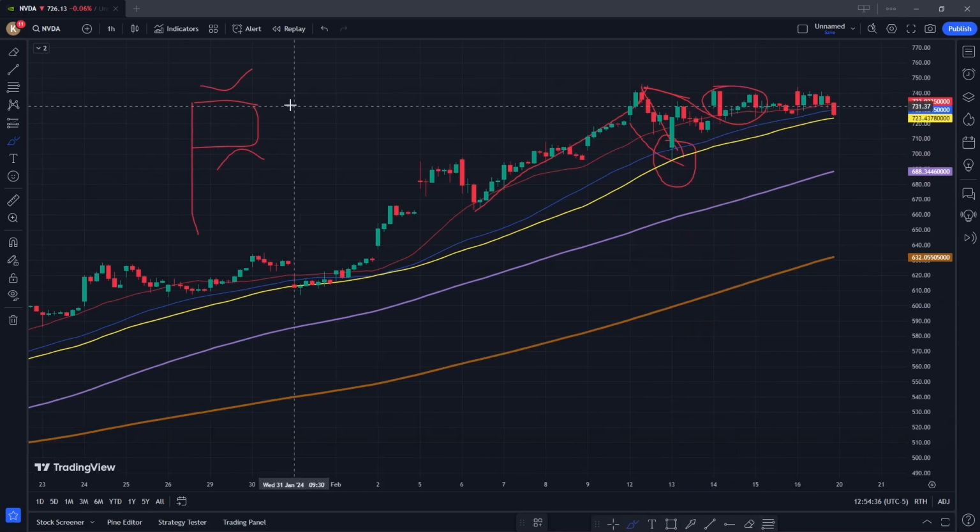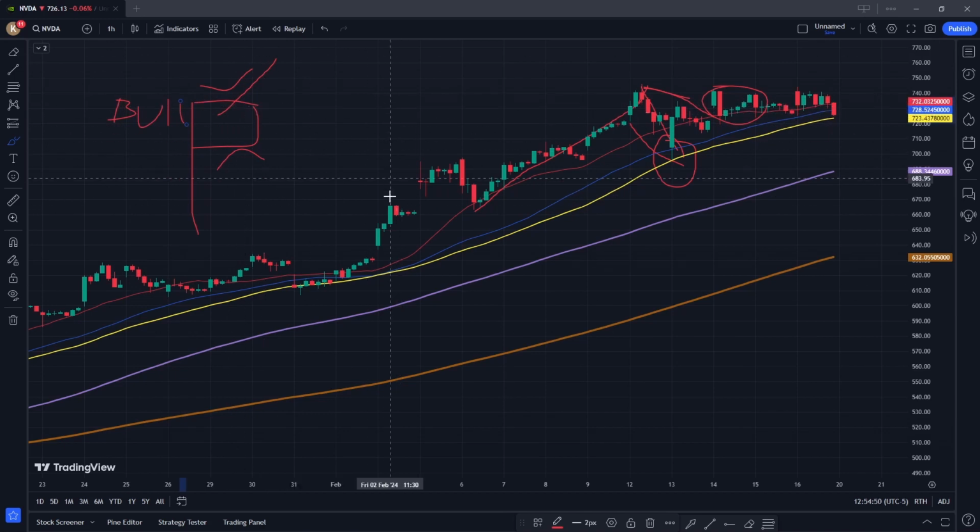A breakout occurs whenever the price has broken above the flagpole, right? In this case, this is for a bullish flagpole. I'll explain a bearish flagpole in a bit, but that's for a bullish flagpole. It has to look like a normal flagpole.